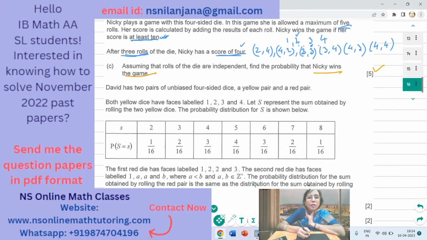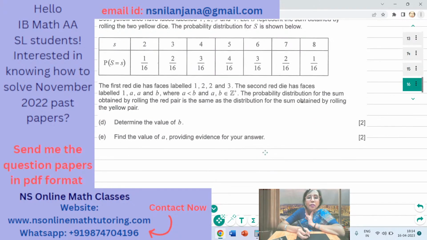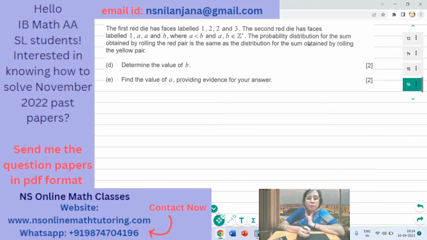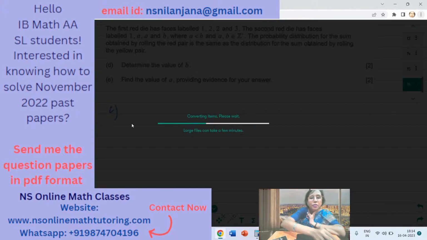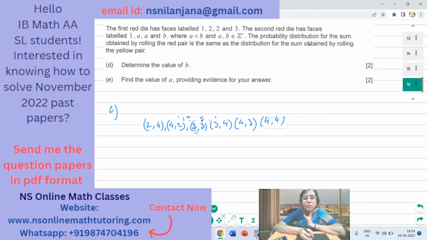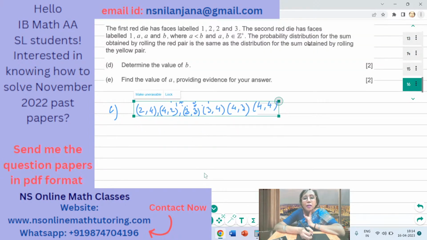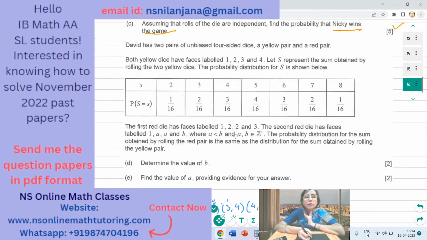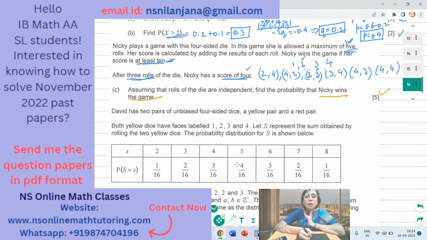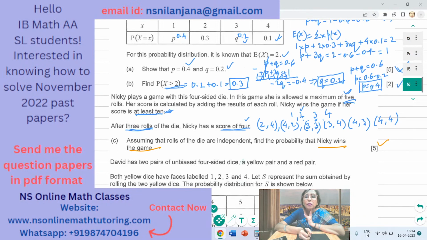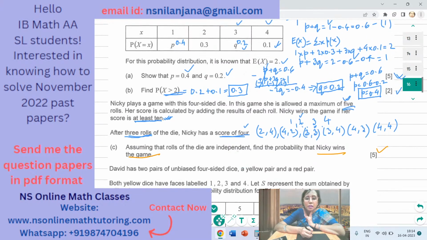So let us first of all come to this point. Bring that part down. This is this. And let me bring the probability table as well.